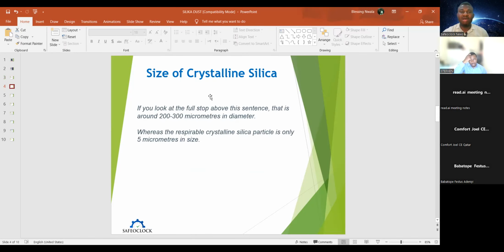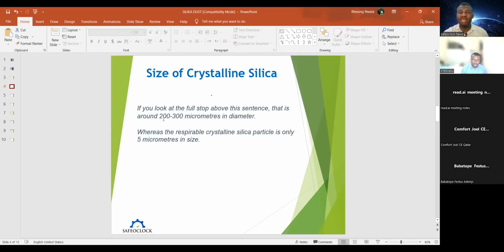Now let's talk about another reason why crystalline silica could be very dangerous. One of the reasons is its size. There is a full stop just above this sentence. If you look very well, it's very, very small and you can hardly see it. This full stop is about 200 to 300 micrometers in diameter, but crystalline silica is just 5 micrometers in size.